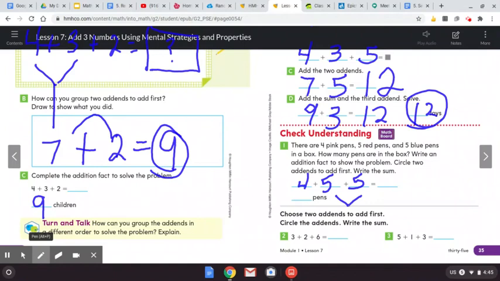I know in my mind 5 plus 5 is 10. And 10 plus 4 left over is, do you have your answer? Do you have your sum? Who came up with 14? 14 pens are in the box.